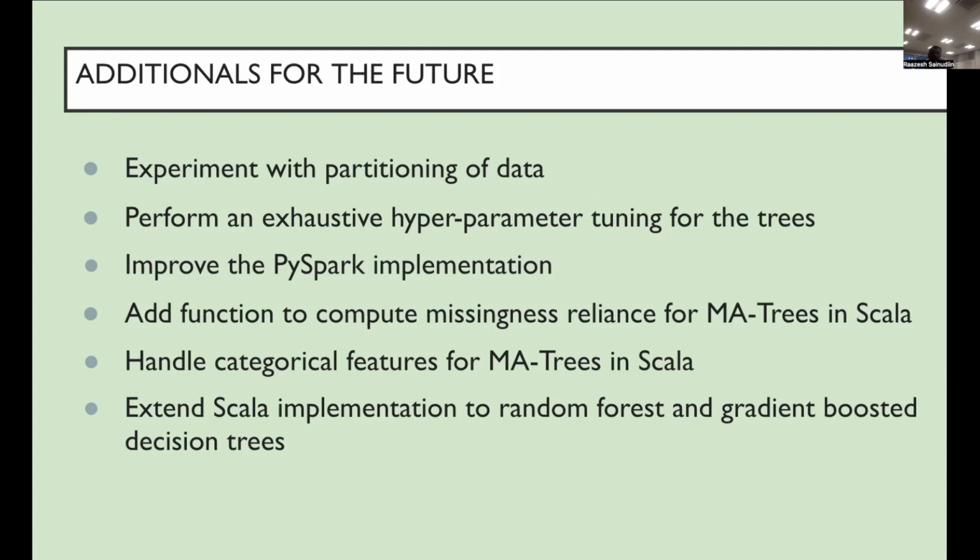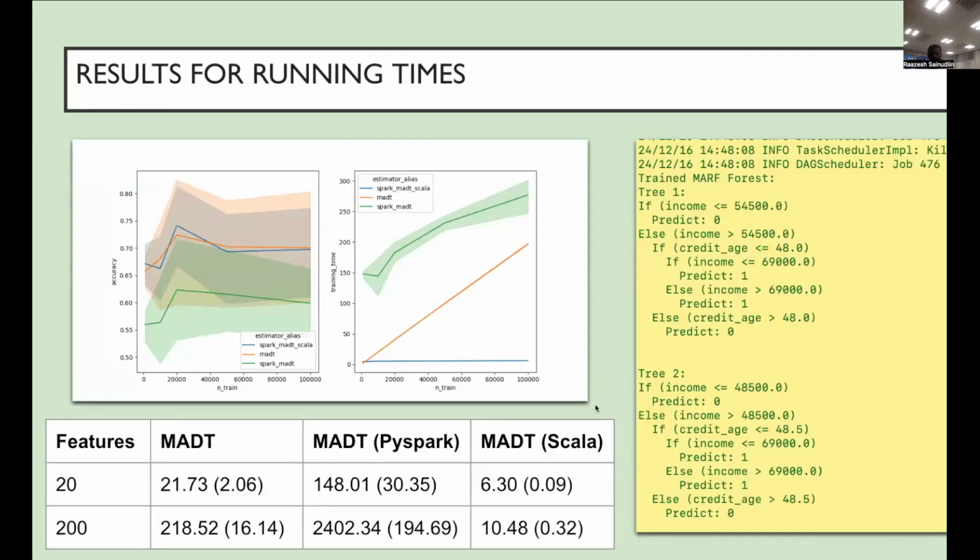In terms of performance, is your conclusion that Spark is faster than Python? Yeah, it is. If you look at this graph, you can see that the Python implementation sort of increases linearly, so Spark is much better.